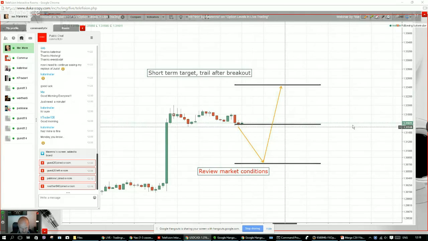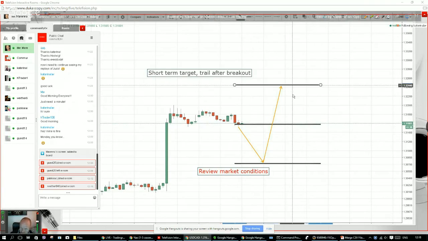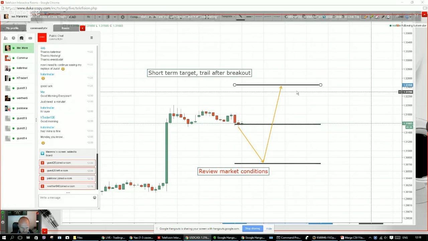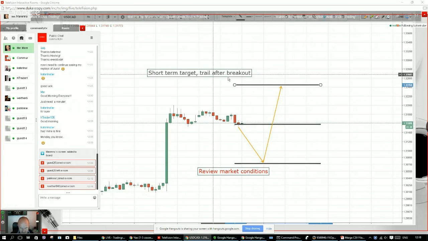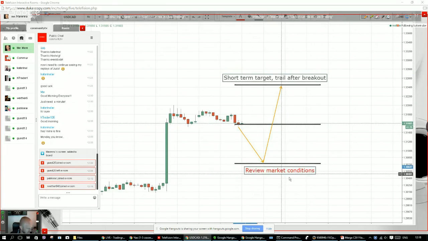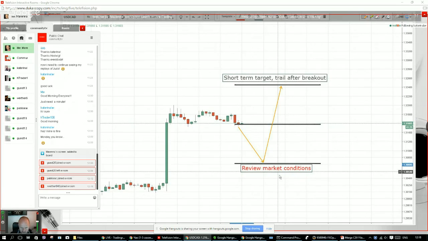All right, so the next level for the bullish move is here, which is 1.32450. So that's where the price is possibly going to go.